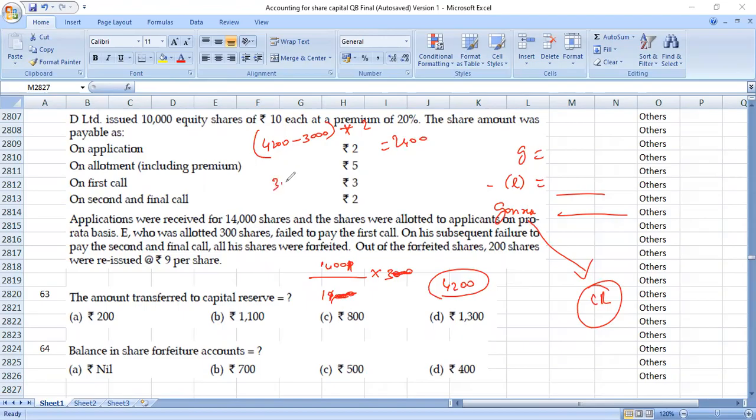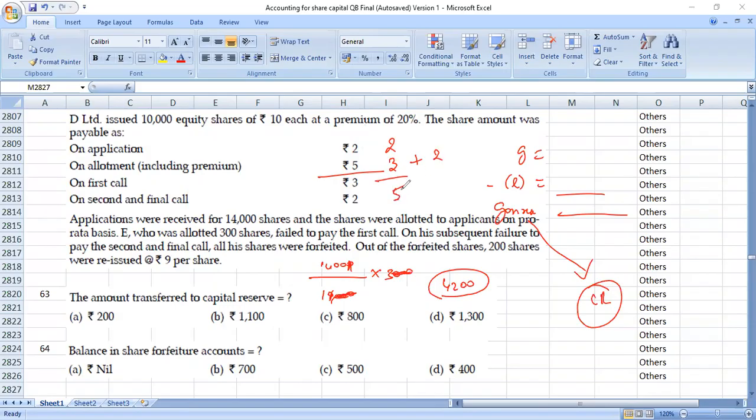Allotment he is supposed to pay 3,000 into 15,000. So the calls in advance will get adjusted in allotment. Appadinna enna artham? It means that our friend has paid everything till allotment. First call laam pay pannala. Understood? So he has paid 2 rupees on application, 3 rupees on allotment as share capital, and 2 rupees as premium.